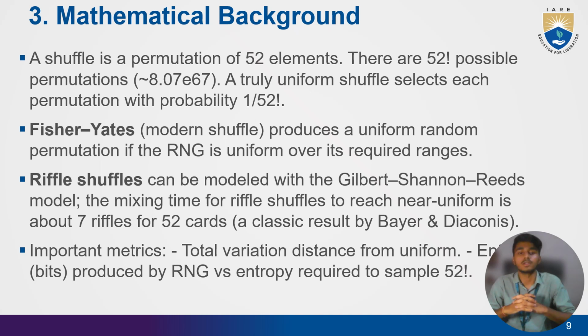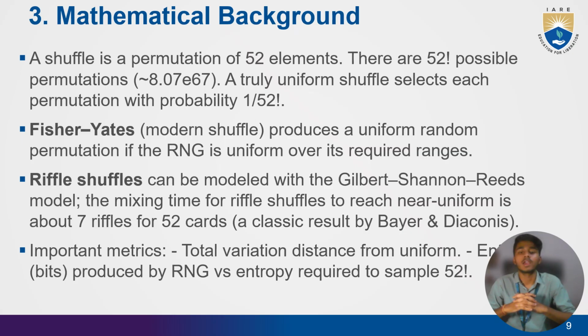Mathematical background. A shuffle is a permutation of 52 elements. There are 52 factorial possible permutations. A truly uniform shuffle picks each permutation with probability 1 over 52 factorial. Fisher-Yates, the modern shuffle, produces a uniform random permutation if the RNG is uniform over its required ranges.